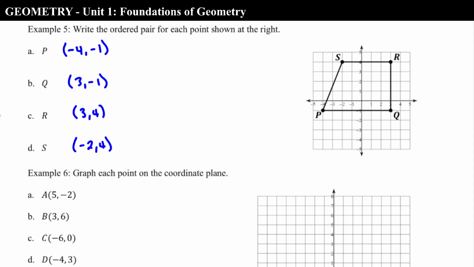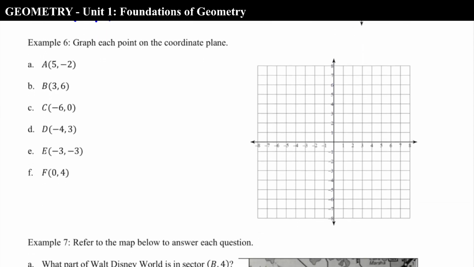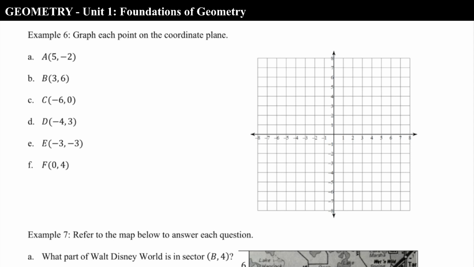We can also go the other direction. Given an ordered pair, we can plot the coordinates. So for A, we have 5, -2, so we go to the right 5, go down 2, there's A. For B, we have 3, 6, so over 3 up 6.